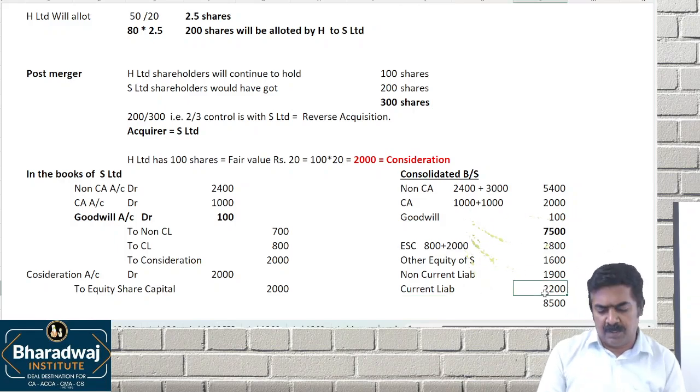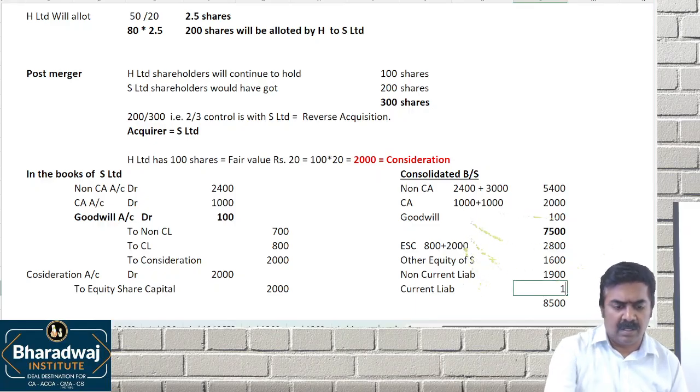What is the mistake? 2,000, okay, 2,006. Current liability is 1,000.